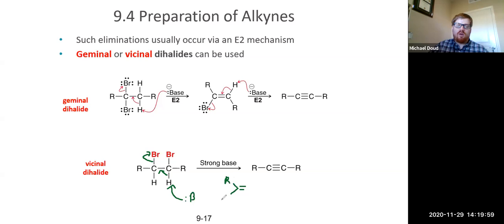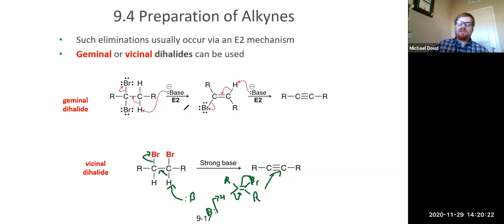So we have R up here and H down here, and our bromine is left up here, and our R group is down here. Then you take your second equivalent of base. Basically, you use a bunch of base, and this is what helps move the reaction forward. Then you do your second elimination on the other bromine, and that's how you get your alkyne.